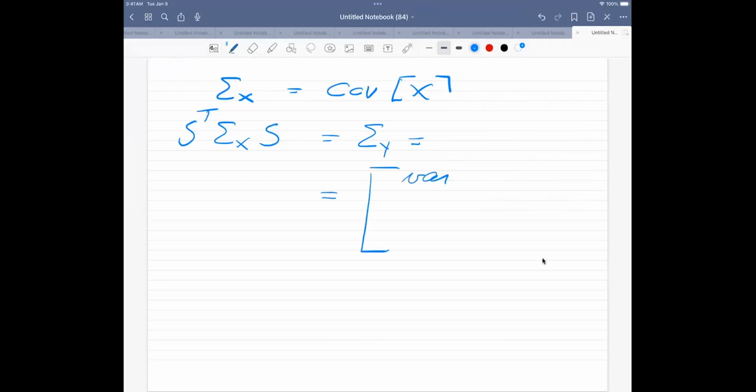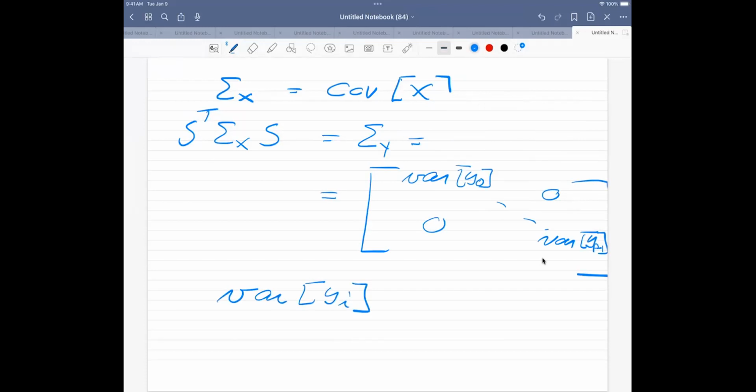And these were the things which we discussed last time. So I have var of y0 and var of y p minus 1. So this matrix is a p times p matrix. And we have 0 here. And these variances, y of i, so this is a diagonal matrix.